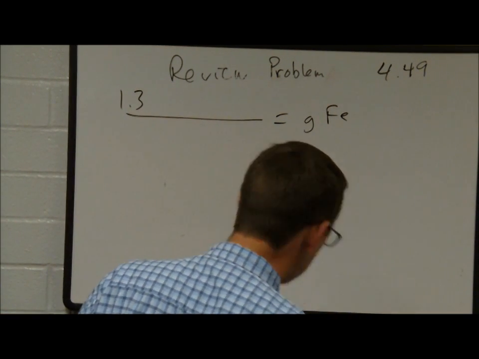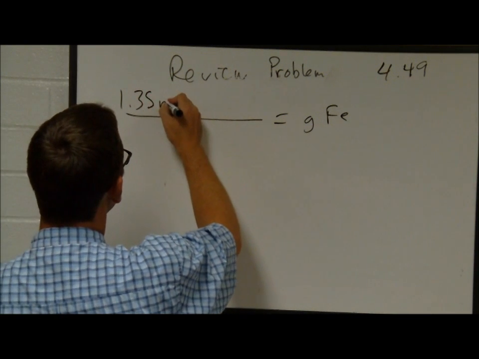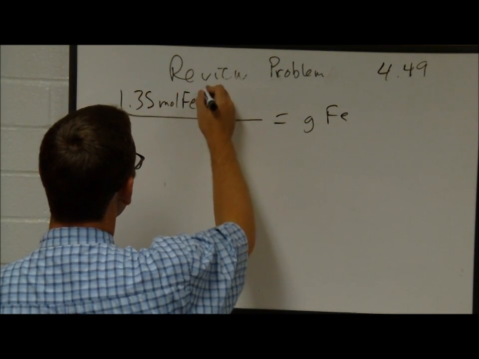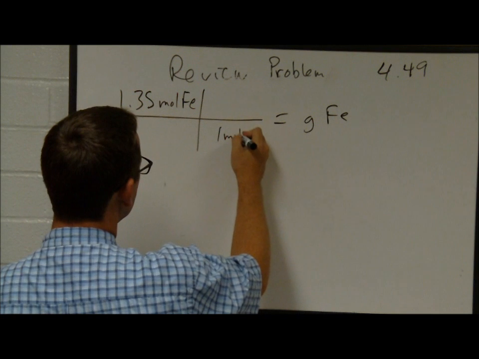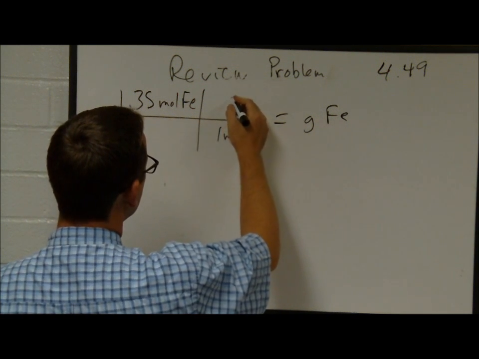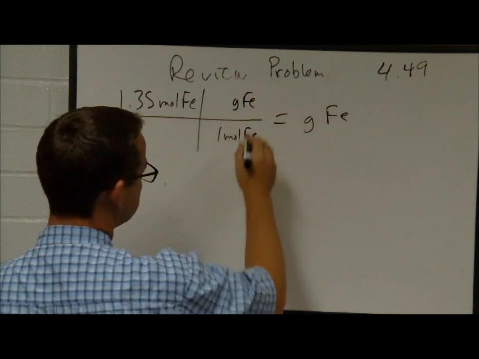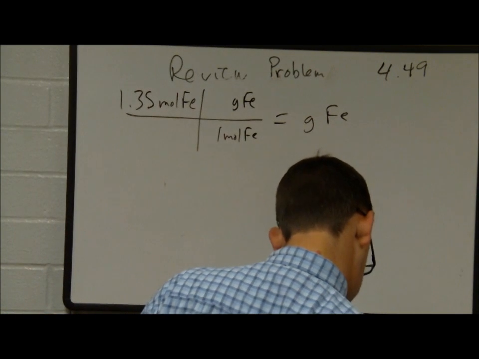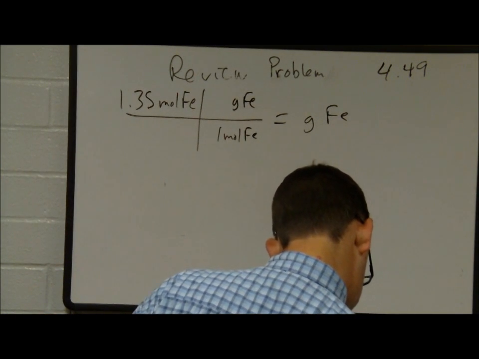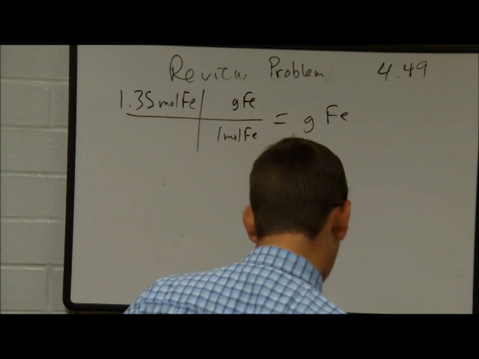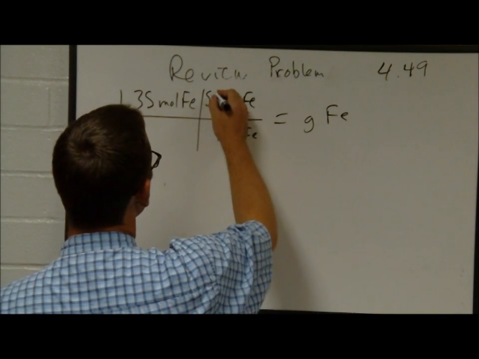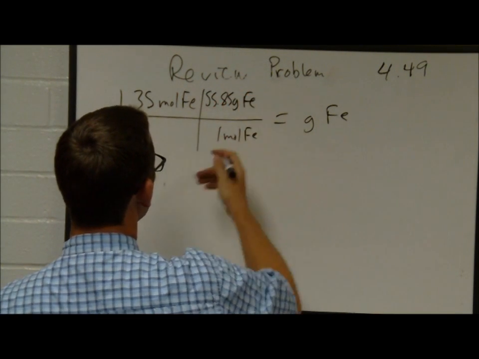Well, for every 1 mole of Fe, how many grams of Fe are there? Well, we can look at the periodic table. It says that the atomic mass is 55.85. So there's 55.85 grams for every mole.